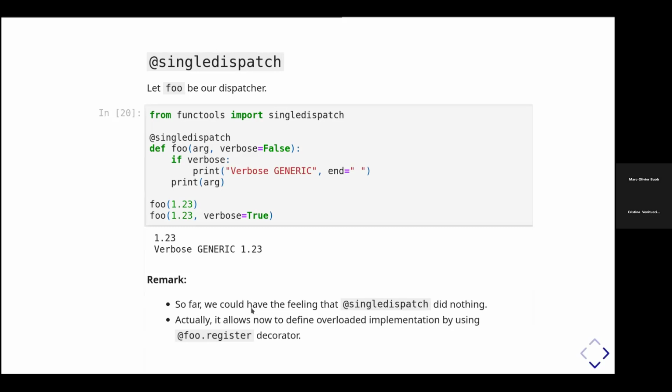What is the purpose of @singledispatch? This is because for the moment we haven't registered anything. So the goal is just to define what we would do when we handle a specific value. If I call foo with my value without verbose, it doesn't print the debug message. If I pass true, it prints the debug message. Okay, so now let's see what happens when we start to register something.